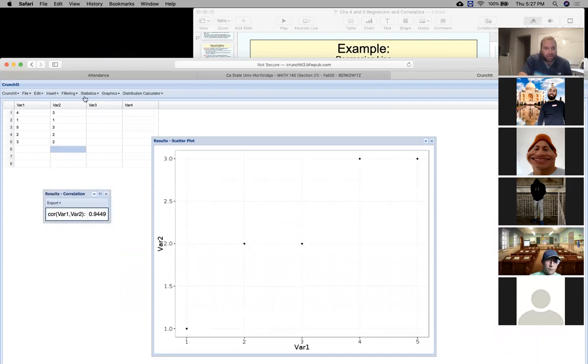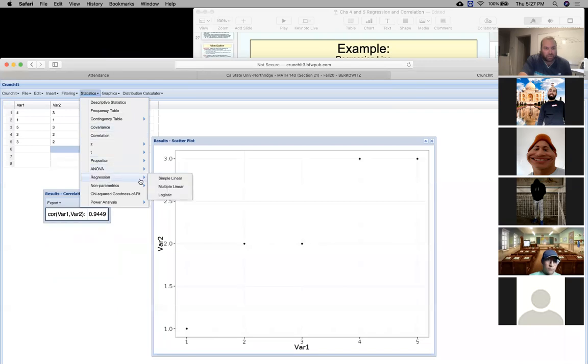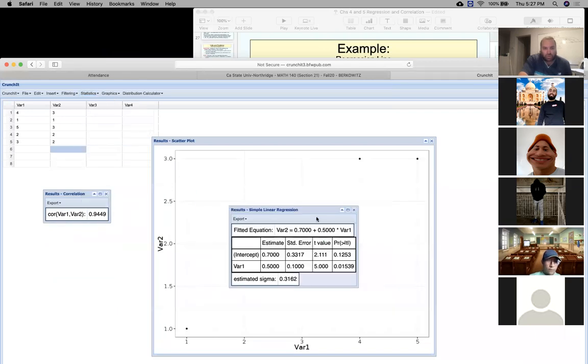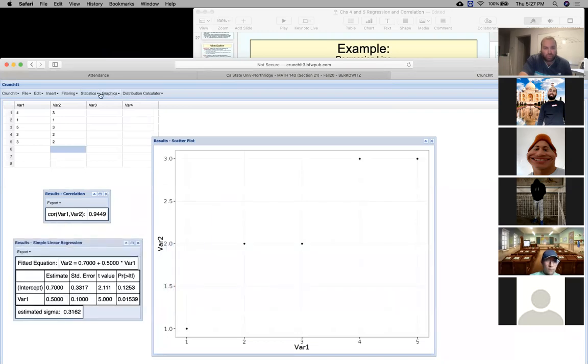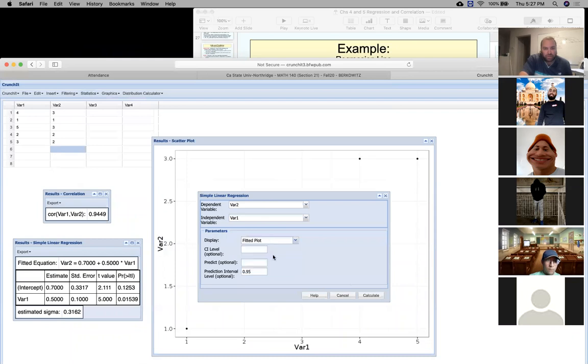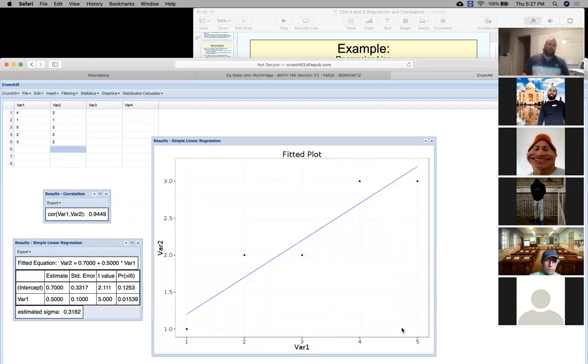And we go to statistics again. This time we do regression. We do simple linear regression. We want the numerical results, and we also want the fitted plot. Okay, so there's our best fit line, and there's our correlation, and there's our regression line.